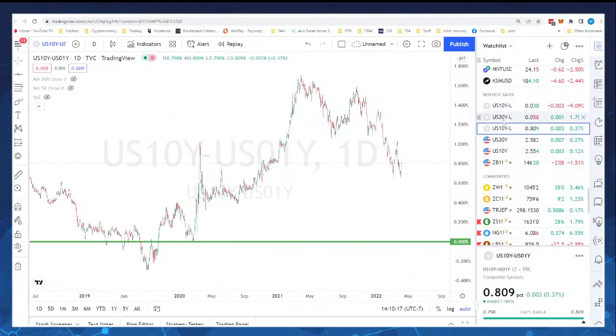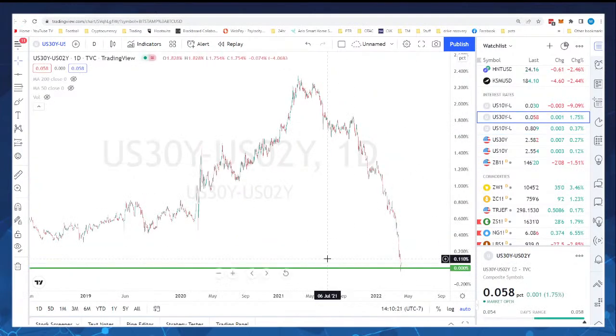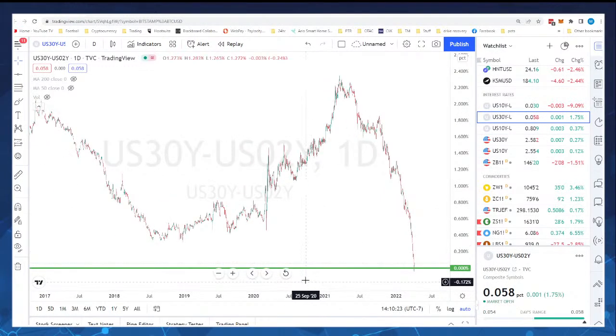Now, to add to this, a lot of people made a big deal about the 30-year. And here's the 30-year versus the 2. Now, what I think is definitely noteworthy here is the colossal sell-off in the distance between the 30 and the 2-year going back to January of 2021. The difference between the 30-year and the 2-year bond was roughly 2.4%, meaning you would get 2.4% more for holding the 30-year.